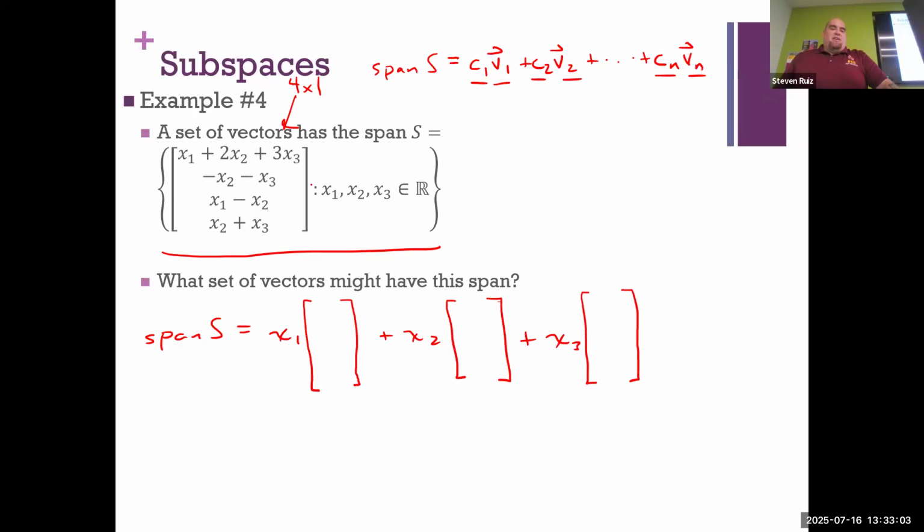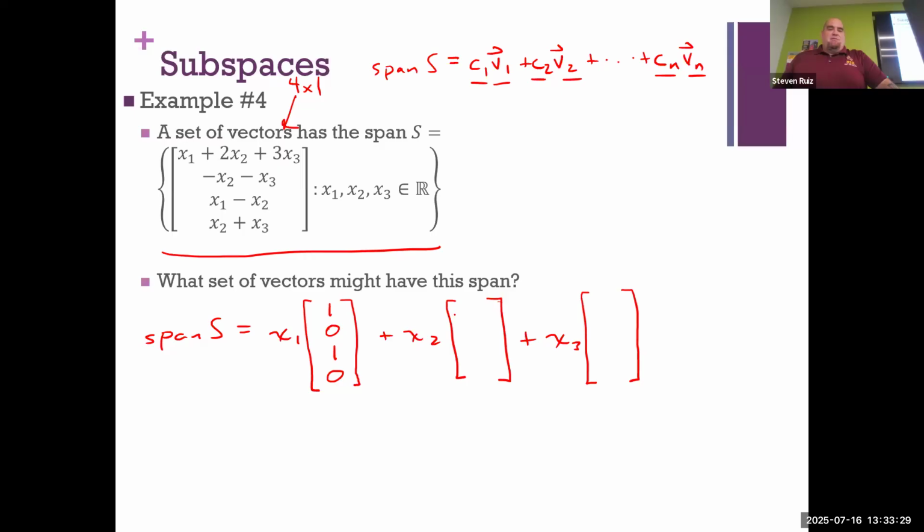Which rows involve x1? First and third. So row 2 and row 4 are 0. What should I put in for row 1 and row 3? They have x1s in them. So row 1 has a single x1. Row 3 has a single x1.